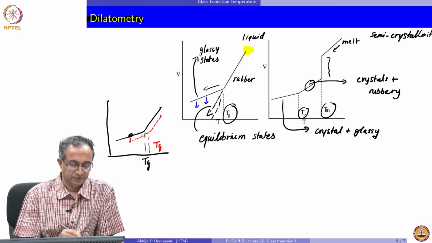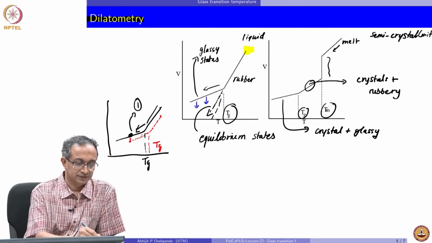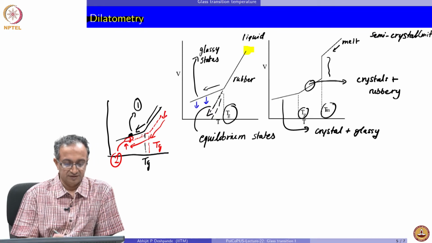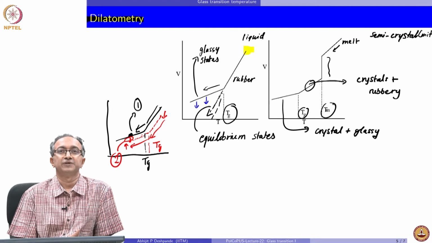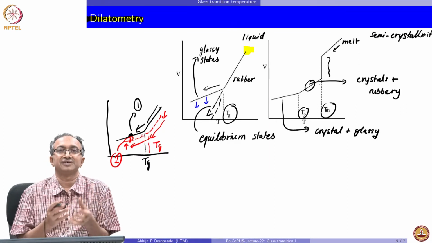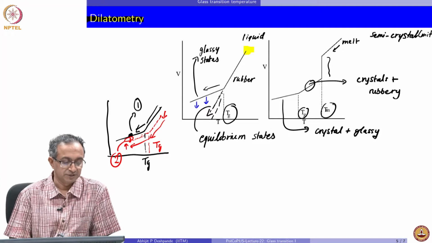So, the sample here, which followed this path, and the same sample in another state, where the path followed was this, then this, and then release of pressure, actually have different volumes. So, this is what we meant by the non-equilibrium nature of glass, and the fact that just because pressure and temperature are fixed, we cannot say what the volume of the sample is. It depends on the thermal history and the other deformation history of the sample.